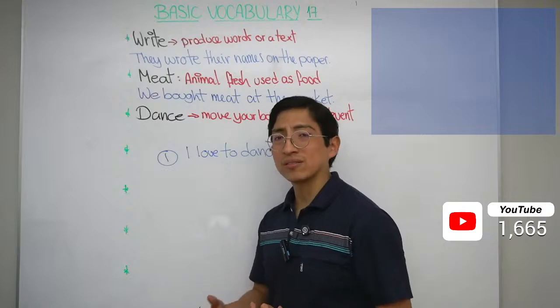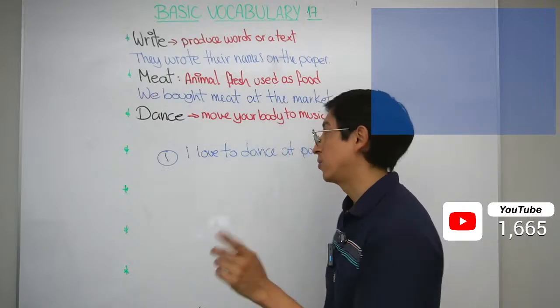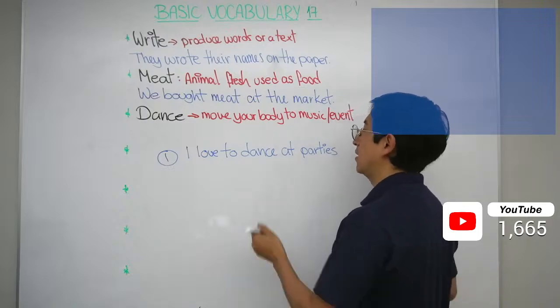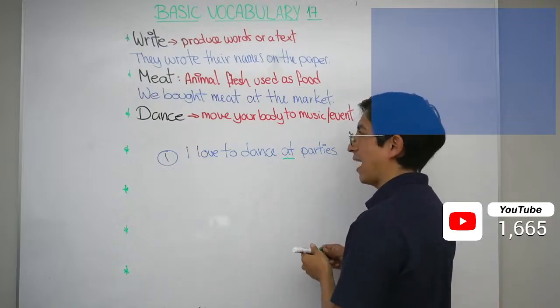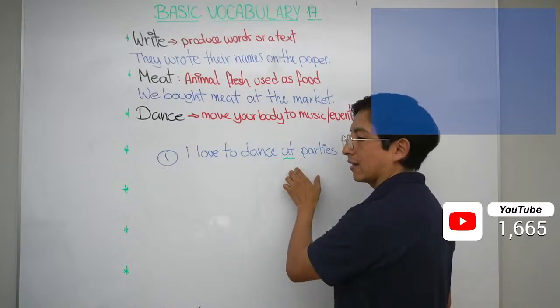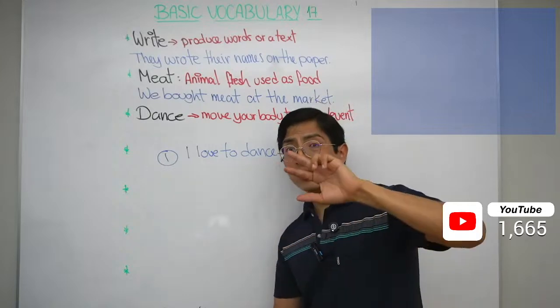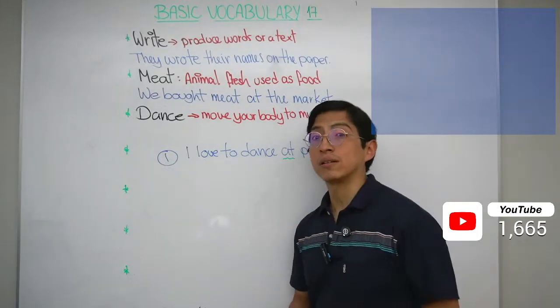No, try to enjoy the party too. So it says, I love to dance at parties. Look at this. We always use this word, okay? At a party or at parties.